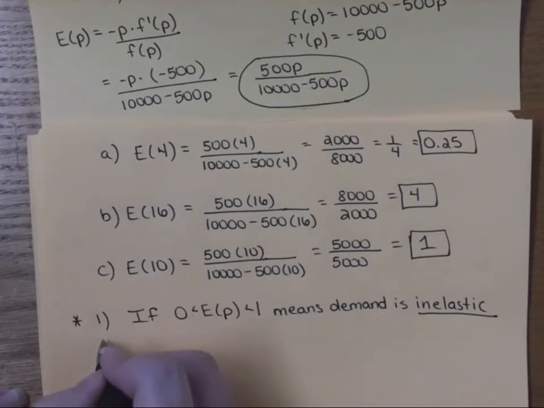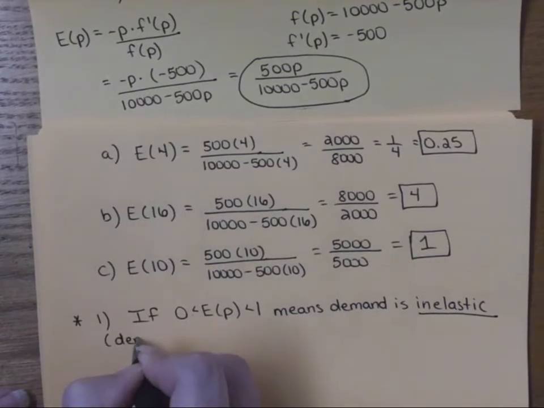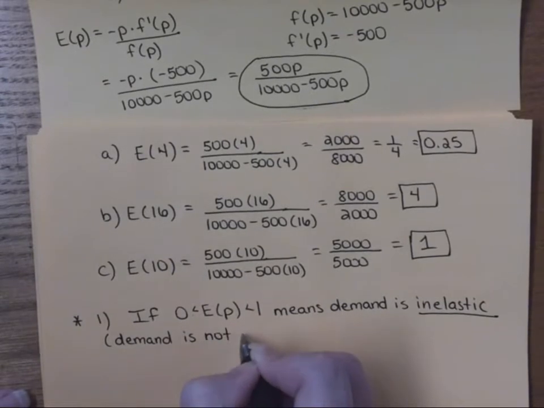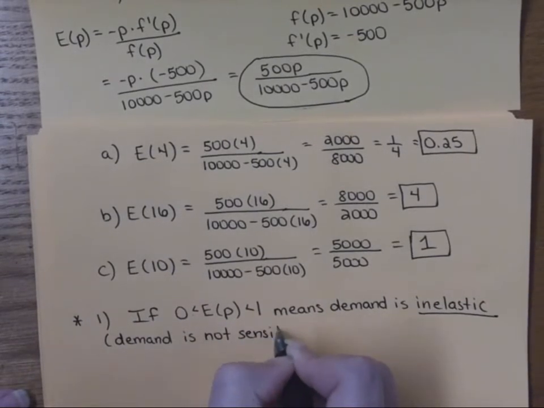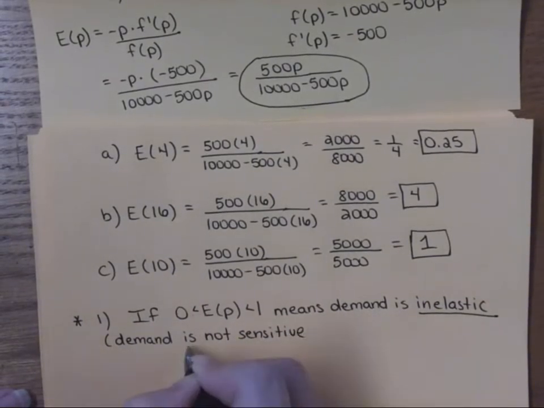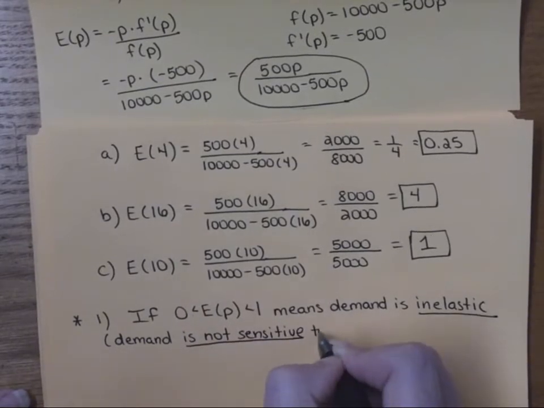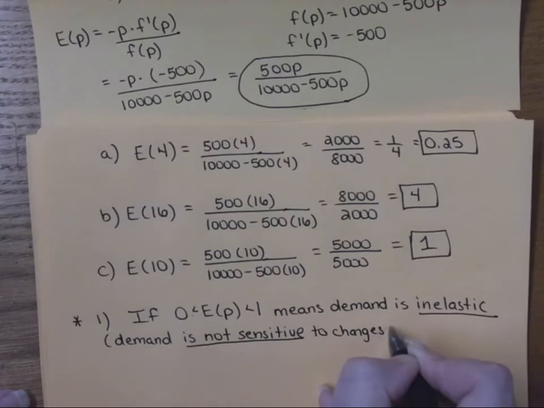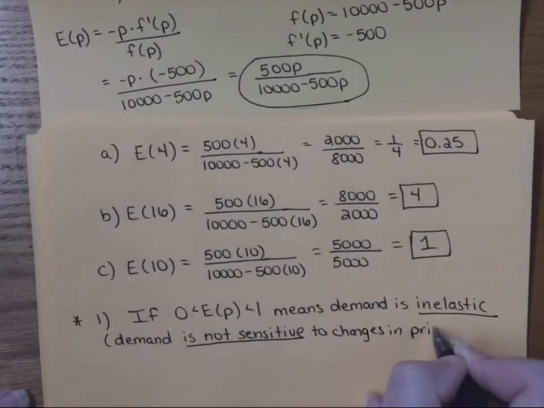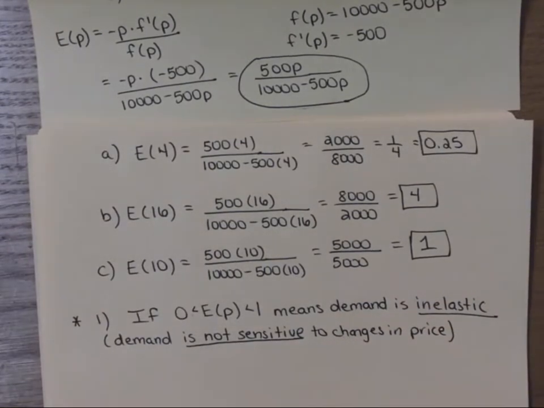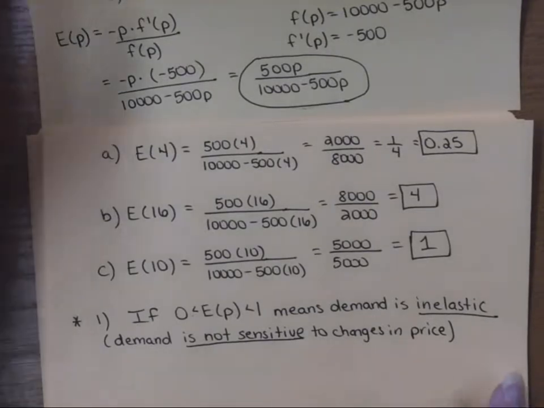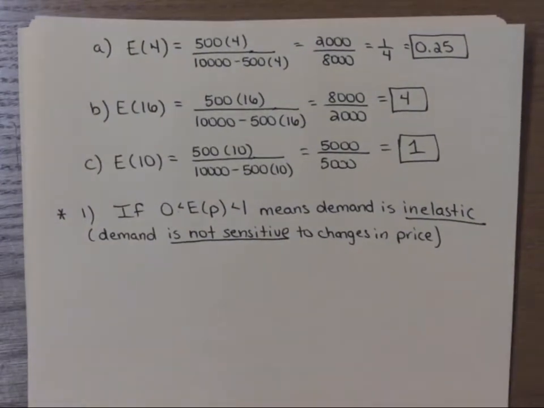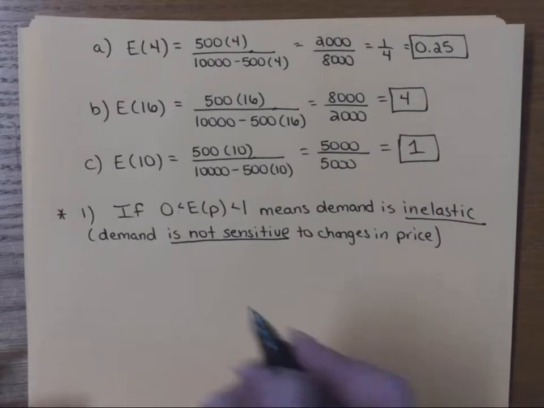Inelastic means that the demand is not sensitive to changes in price. In other words, it might be something like gas or milk or eggs that people are probably not going to change how much they buy, even if it costs more.